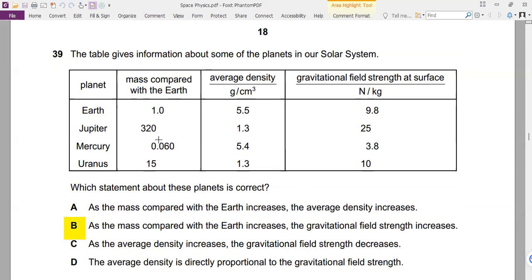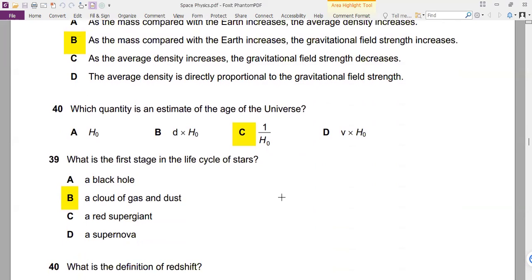You can see this for Jupiter, with a much higher mass than Earth, and its gravitational field strength is a lot more. Same is for Uranus. Just remember this.